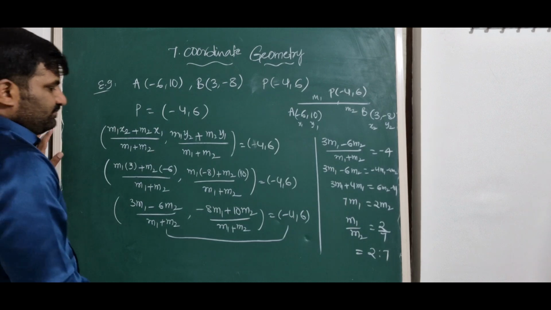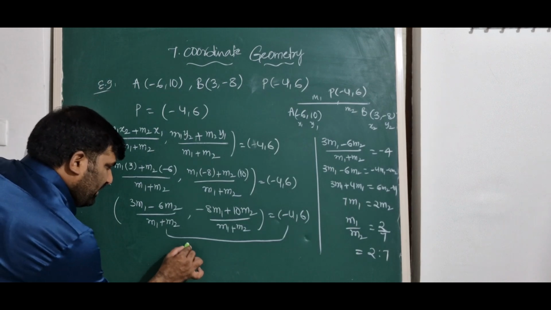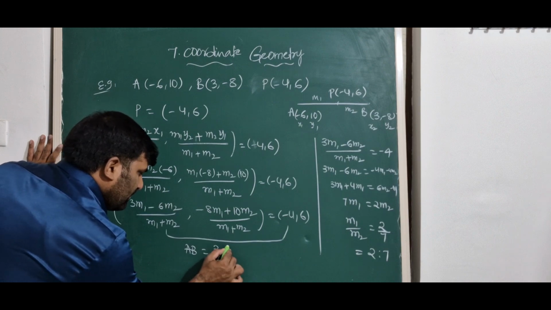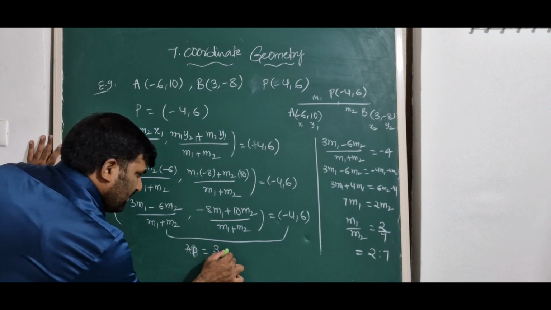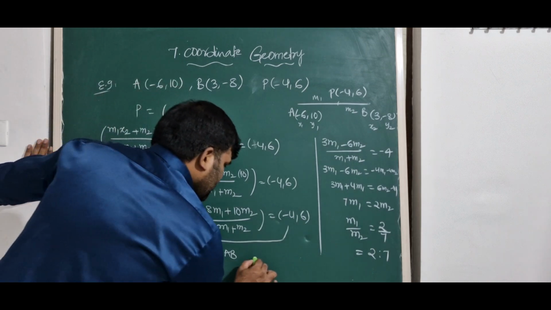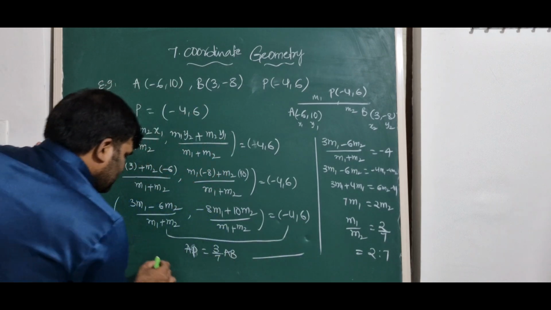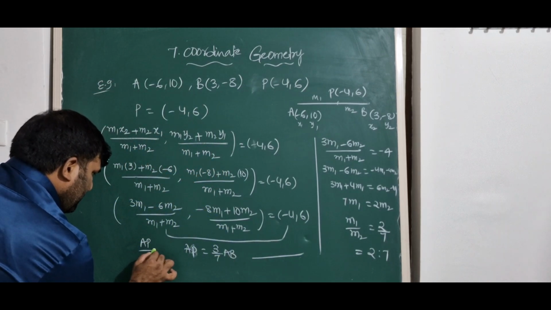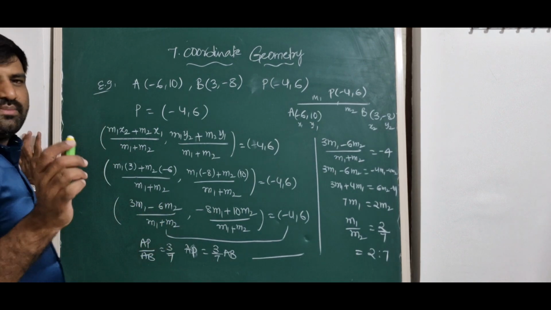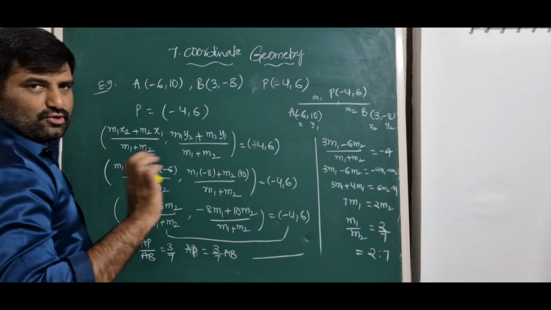And one more question: AP is equal to 3 by 7 of AB, which you also have in the textbook. That means you can write AP by AB is equal to 3 by 7. Now I am giving you a diagram, because some of you are writing directly 3:7, which is wrong.